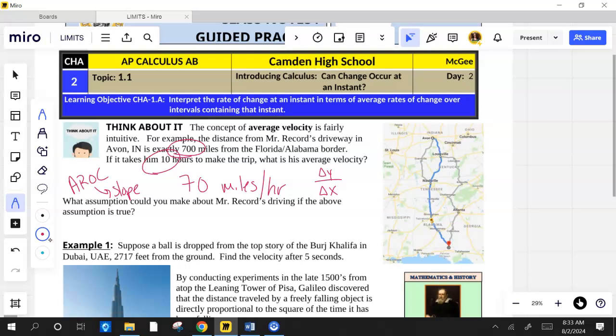It changed from beginning to end 700 miles. How did my time change? 10 hours. So really, X is always going to be time. And how do I know my units? Well, look. Miles per hour.